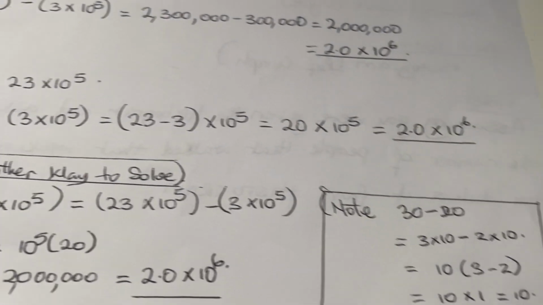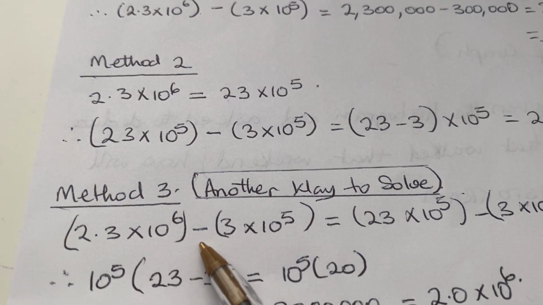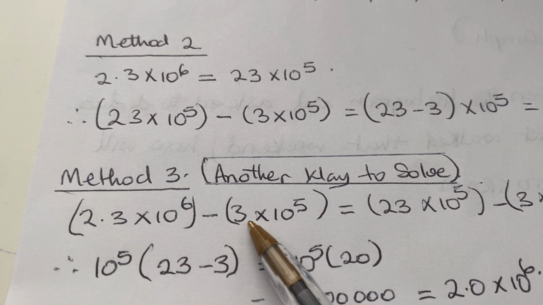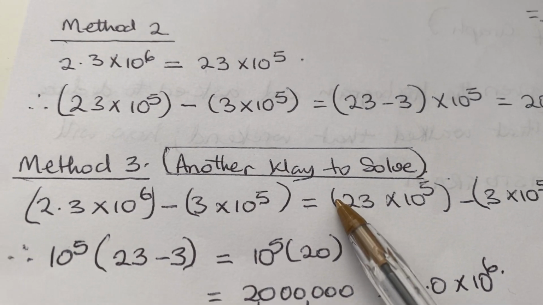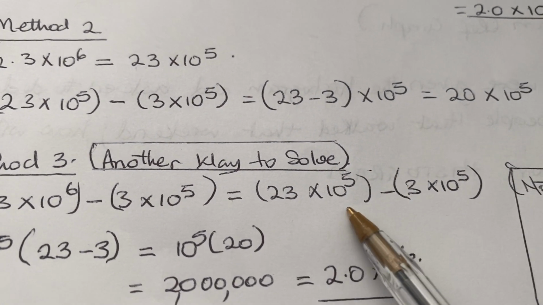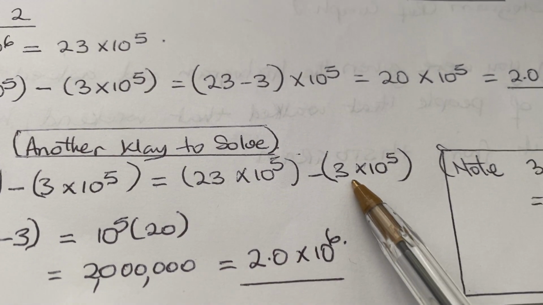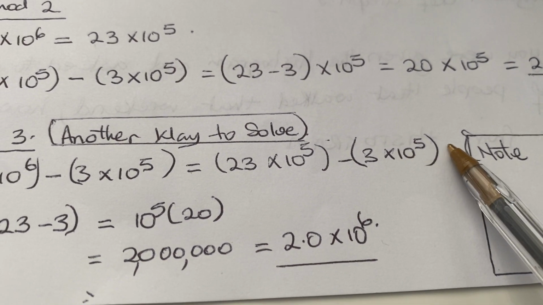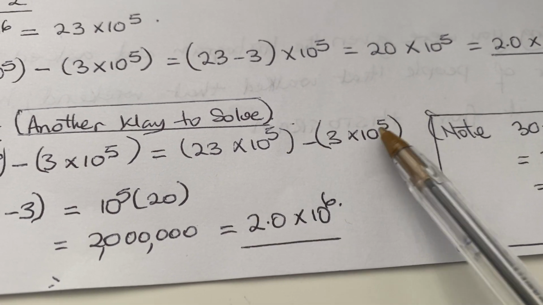Okay, so with this knowledge, 2.3 times 10 to the power 6 minus 3 times 10 to the power 5. 2.3 becomes 23 times 10 to the power 5 minus 3 times 10 to the power 5. Okay, now look at these two terms.